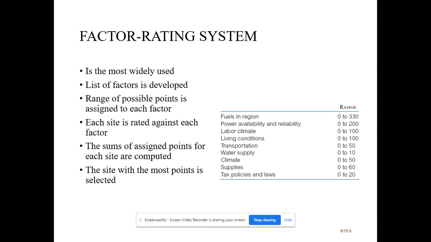So we discuss one by one the different methods for deciding on the location of a factory or a warehouse. The factor rating system is relatively easier and it's most widely used. So we decide on a list of factors. You can see here, like fuel availability in the region, power availability in that particular area, labor, climate, living condition, transportation, water supply, supplies, and the taxation of that area.